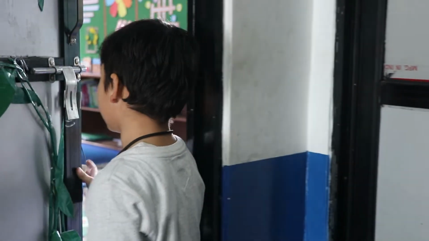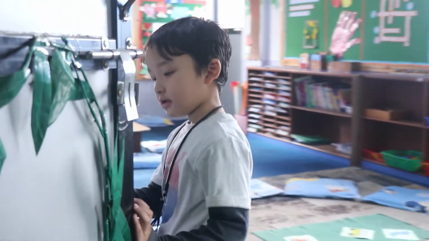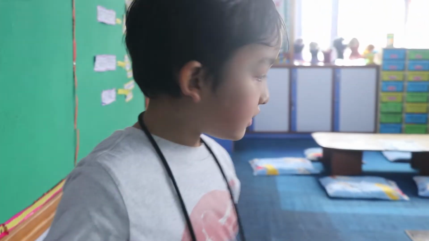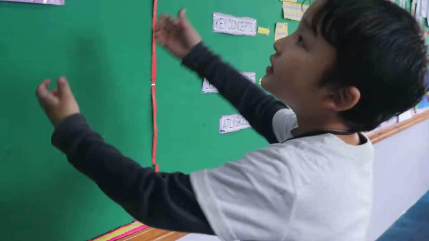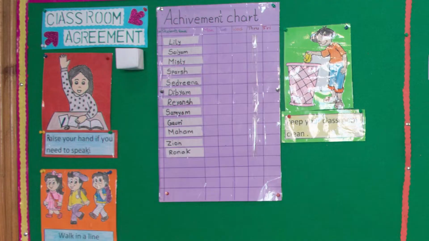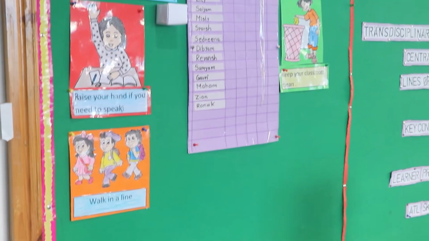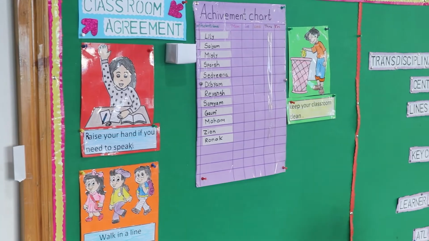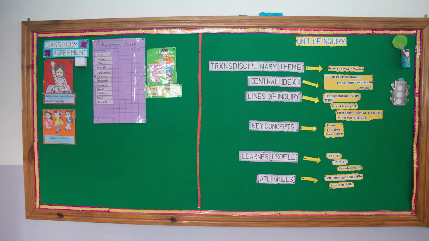Welcome to nursery. You see here, these are the classroom agreements, and this is the achievement star. And this is the unit of inquiry. You can see all the unit of inquiry elements over there.